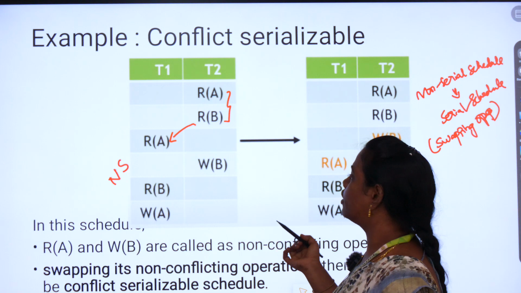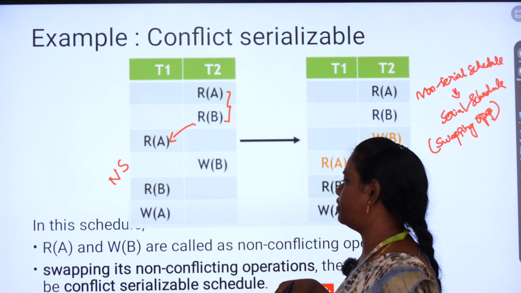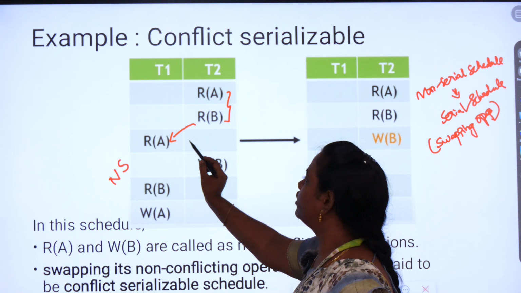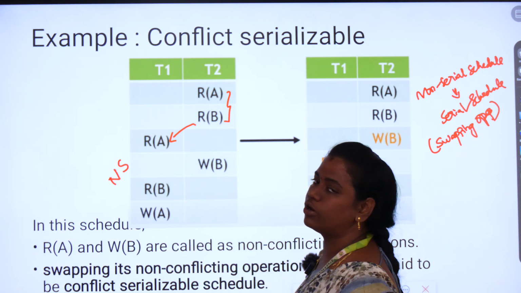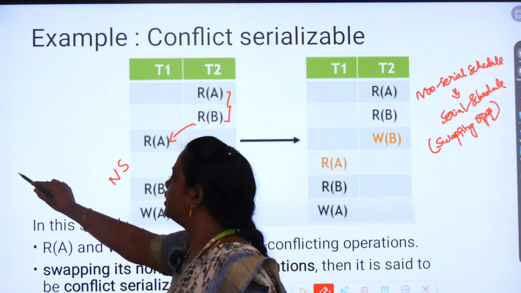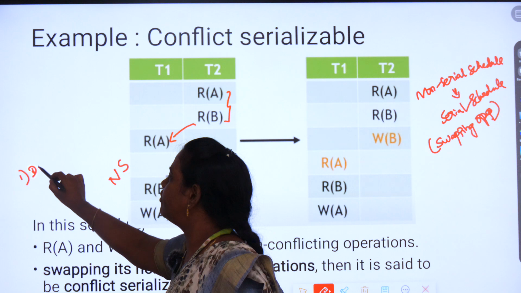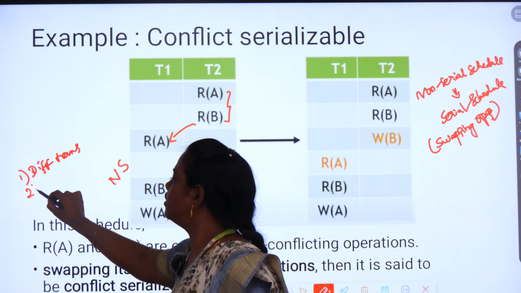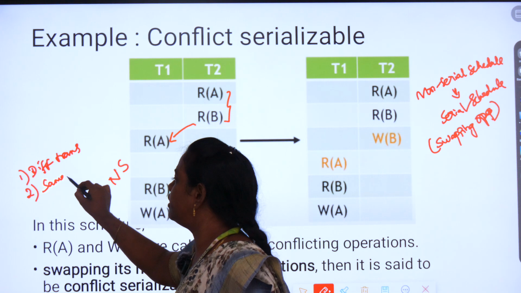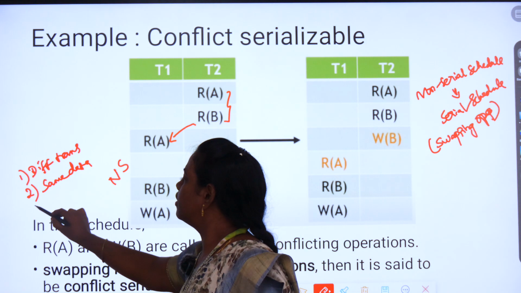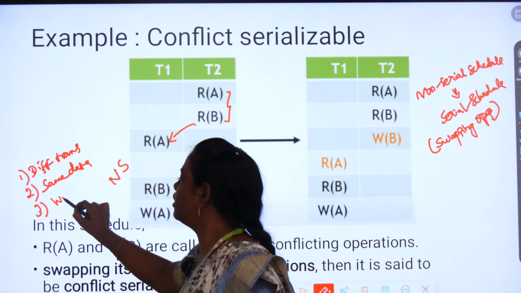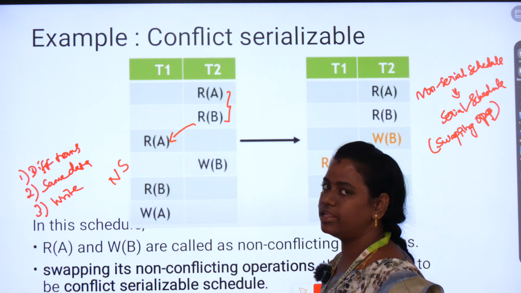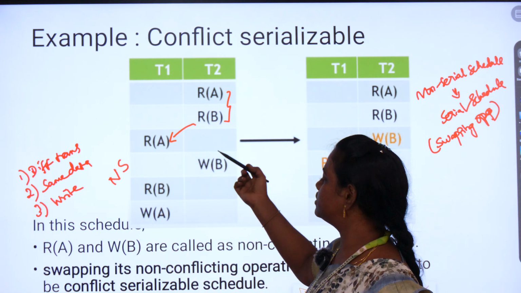Now we are going to identify the conflicting operations. I already told you the 3 conditions: different transactions, operating on the same data, and at least one write. Now check this.